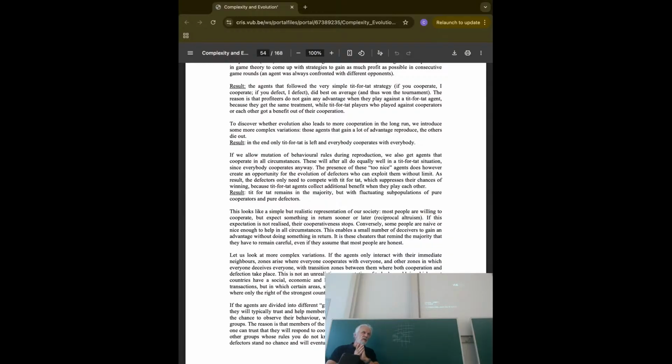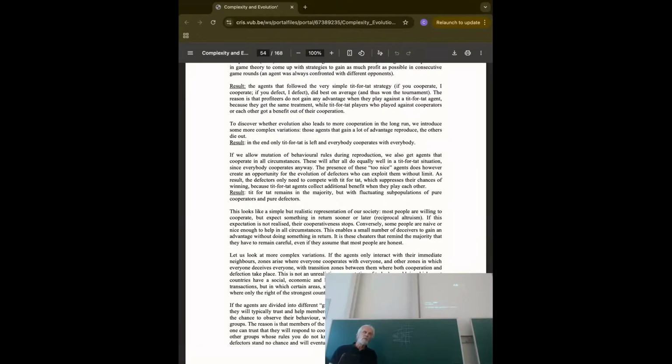Now you can have a strategy, a mutation, that always cooperates. So it would have a rule that says cooperate no matter what. As long as its neighbors are all playing tit for tat, they will also cooperate, so everybody cooperates, so everybody's happy. But now imagine that one of the mutants has a cheating strategy.